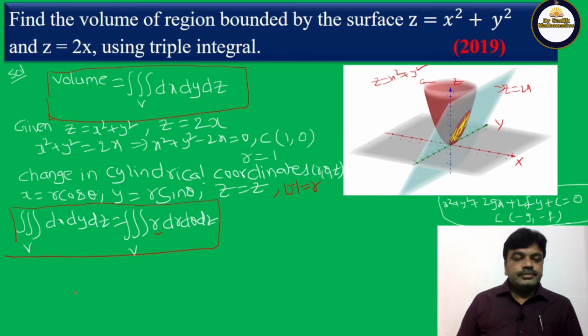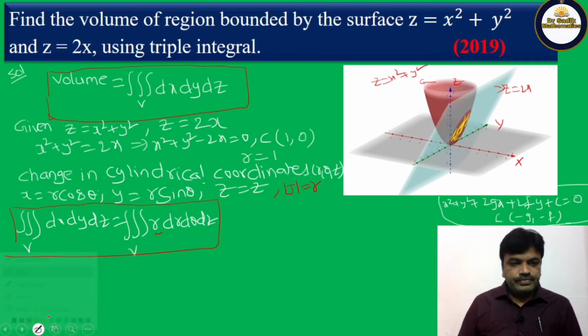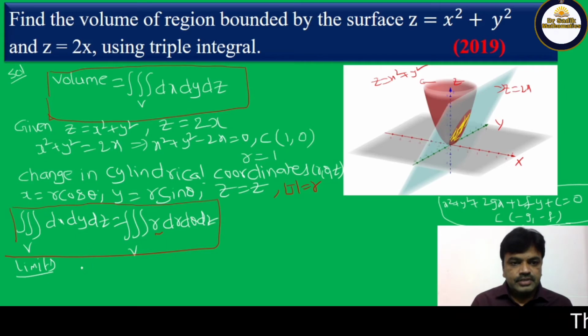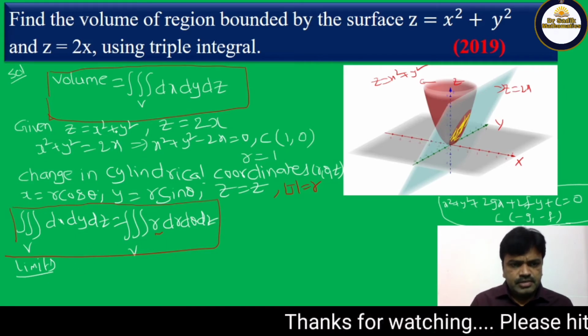Now we have to find the r, theta, z limits. For the z limits, clearly x square plus y square equals r square.